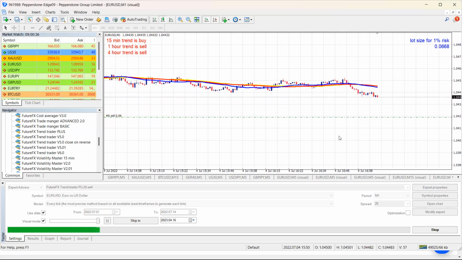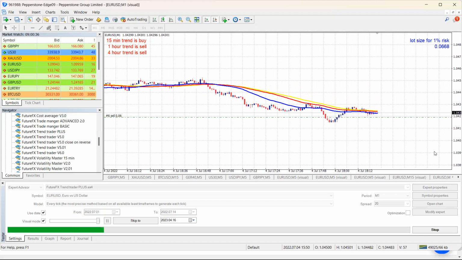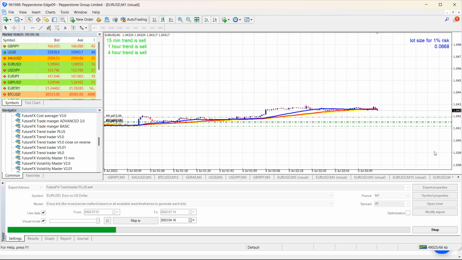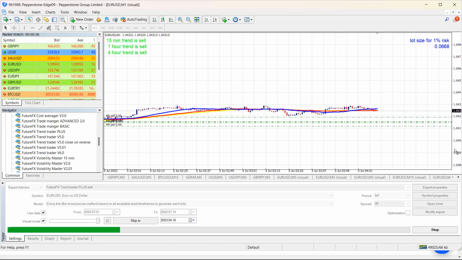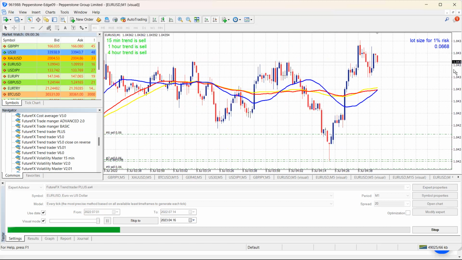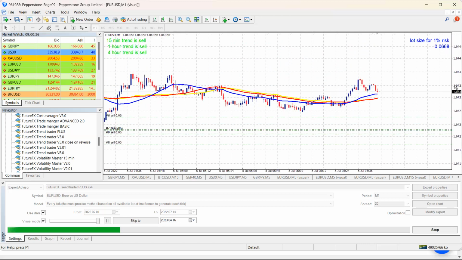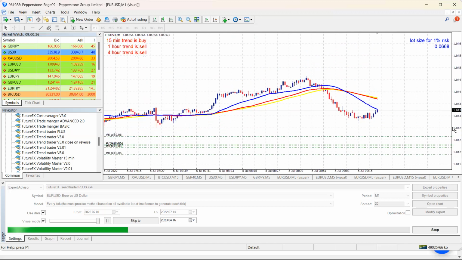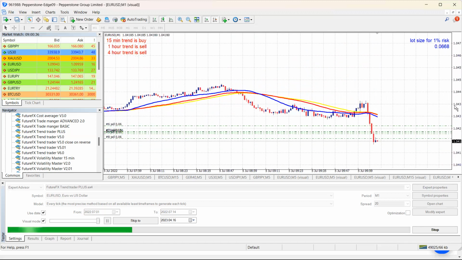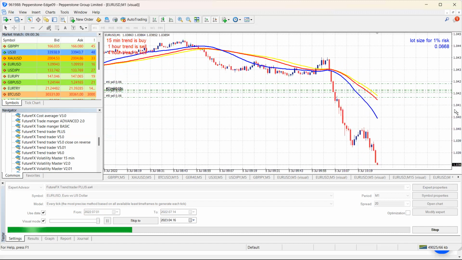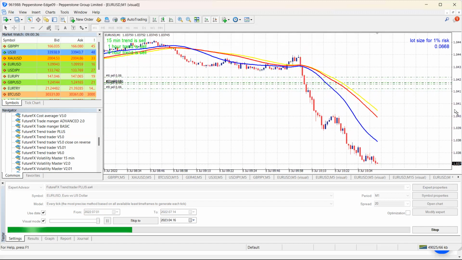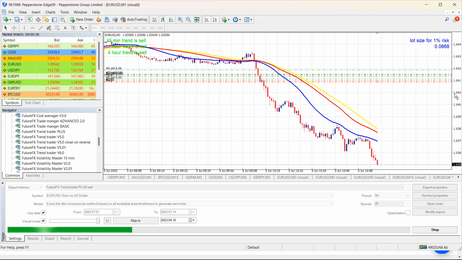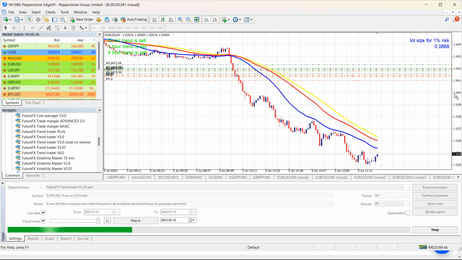We still have 1 trade in play. 2 trades, 3, 4, 5 trades. We have all 5 trades open again. And all still 5 trades, and they're all in profit lock again.